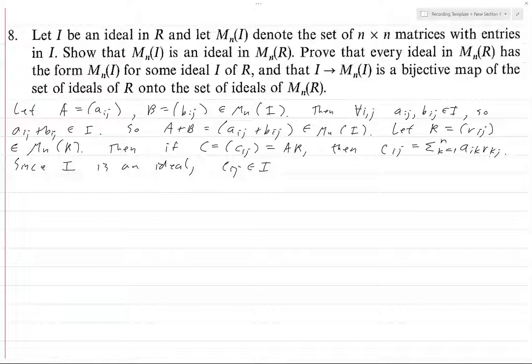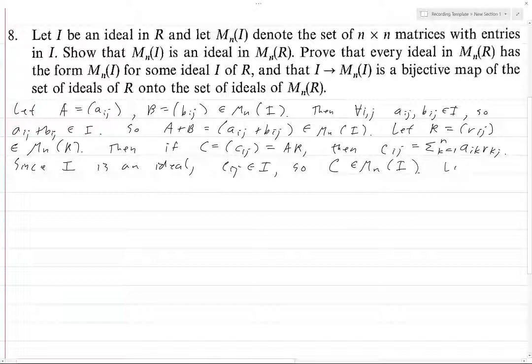Then you add a bunch of these up, and you're adding a bunch of elements in an ideal, and so it's closed, and so you'll get an element of the ideal, and so c_ij is in I. Okay? And so C is in M_n(I).